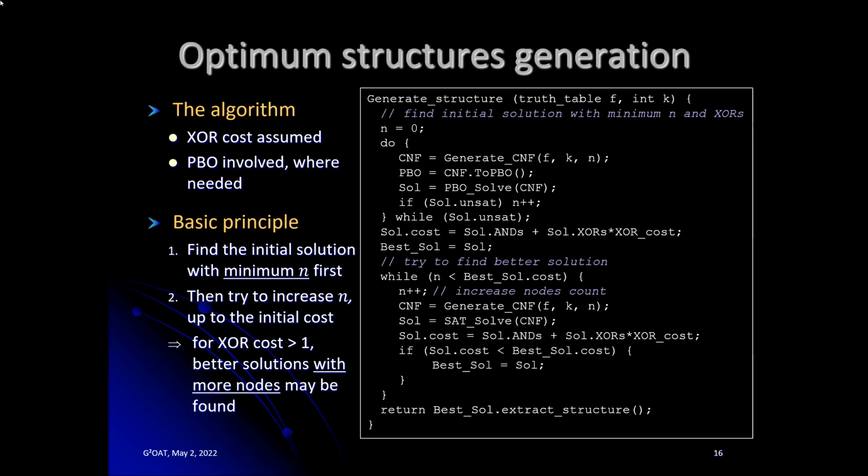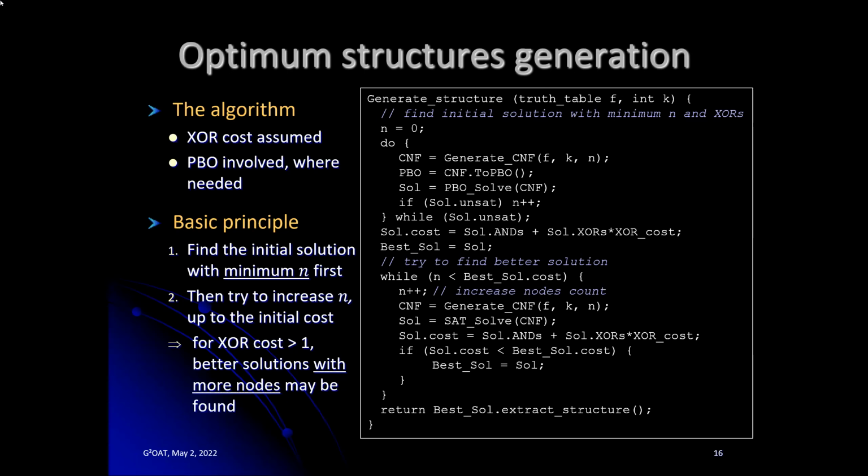I have proposed a simple algorithm that first finds the initial solution with the minimum n, so with the minimum number of gates first, and then we try to increase that n.